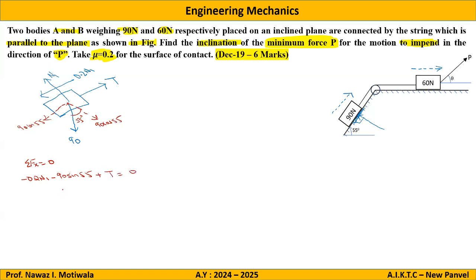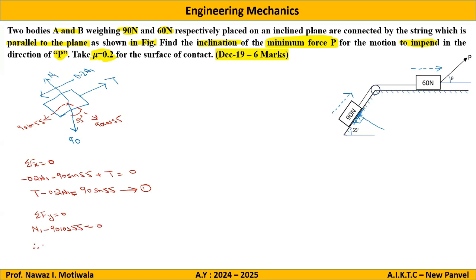If I rearrange the terms, I will get T minus 0.2 N1 is equal to 90 sin 55. Let this be equation number 1. Similarly, when I apply summation of Fy equal to 0, I will get N1 minus 90 cos 55 is equal to 0.